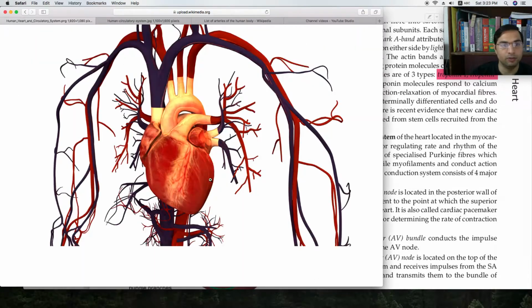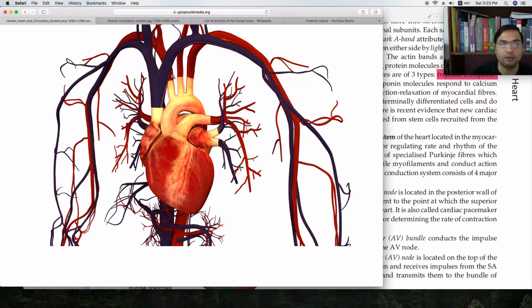So this is the beautiful heart. This is the arch of the aorta, very easy to identify. So remember the arch of the aorta. It gives three branches, right. The first branch to the right, the second branch up, and the third branch to the left.